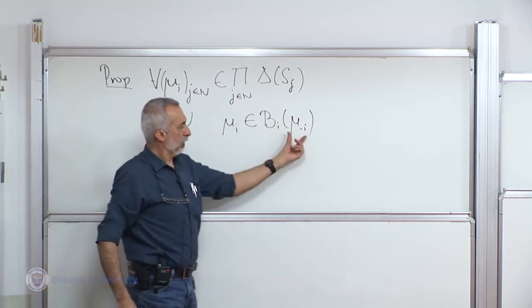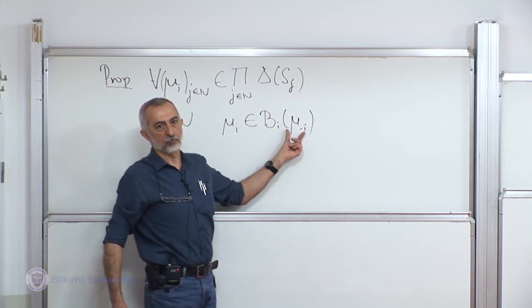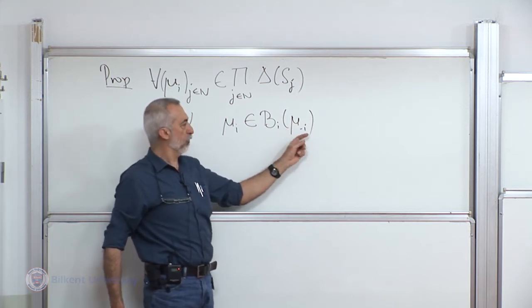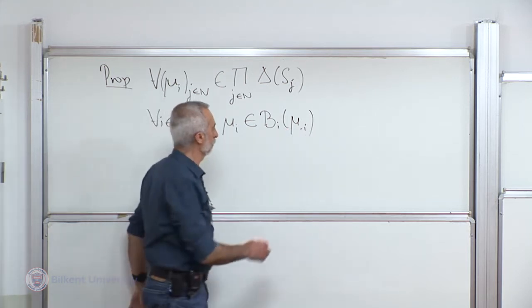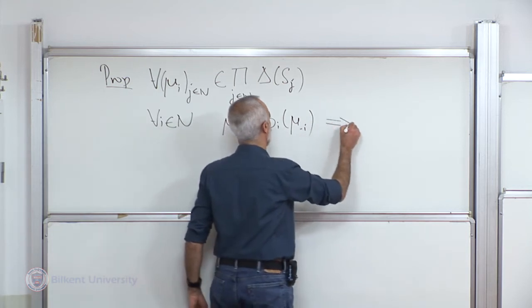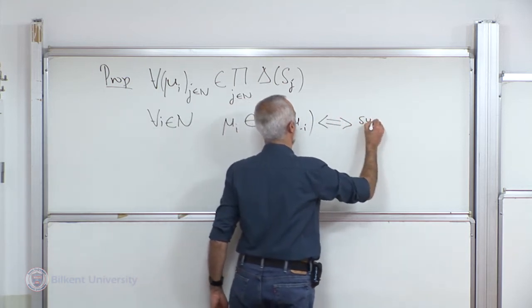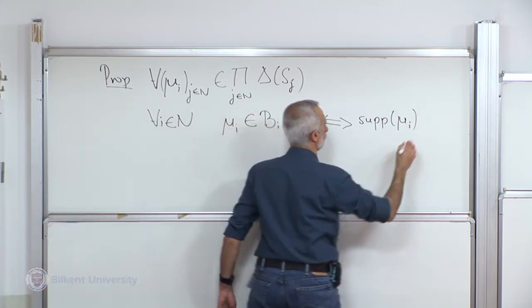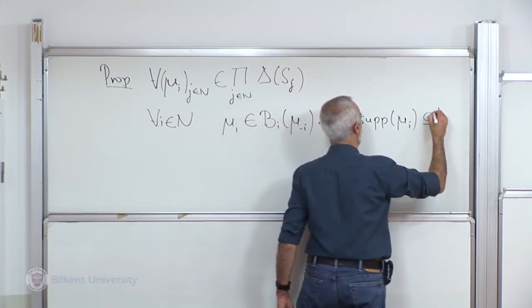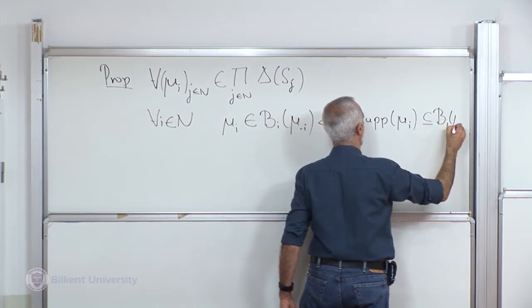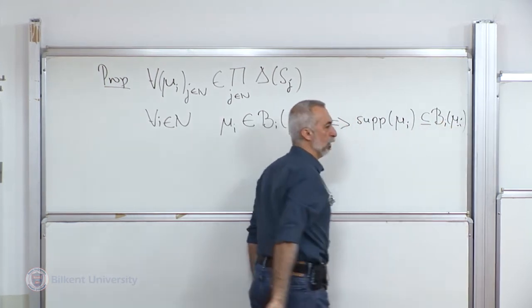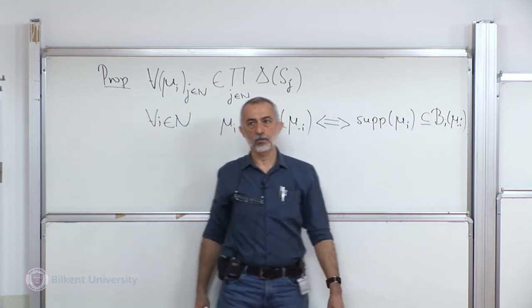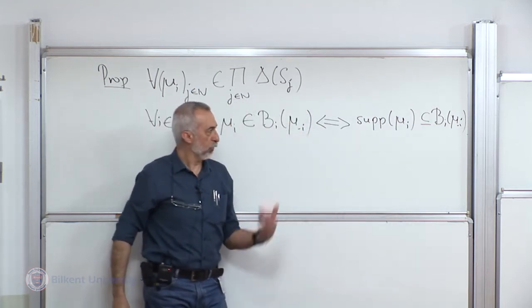This is the mixed strategy profile consisting of the mixed strategies of all the agents except agent I, if and only if the support of mu I was a subset of the best responses of agent I to the mixed strategy profile mu minus I. Okay? So that was a useful theorem.